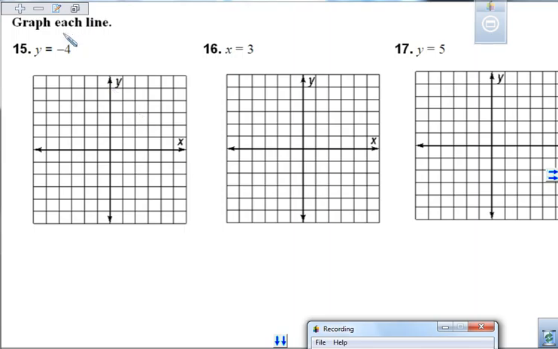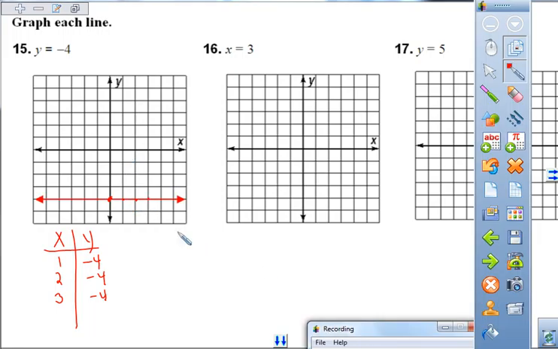Let's review horizontal and vertical lines. Graph each line, y equals -4. So here's my y-axis, 1, 2, 3, 4. So that's where y is equal to -4. If we were to make a table, we're trying to graph a line where every y value is -4. So if I plug in 1, if I plug in 2, if I plug in 3, then these would be the coordinates that fit.